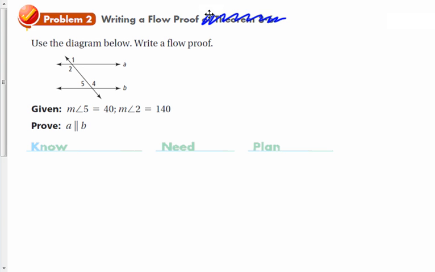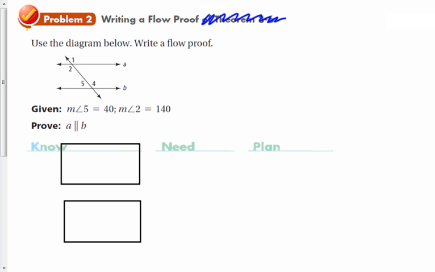So we're going to start with a couple of givens here. And when you do a flow proof, you use boxes and arrows. So I have two givens here, that the measure of angle 5 is equal to 40, and also the measure of angle 2 is equal to 140. And those are both given. We'll just write the reasons right underneath them.